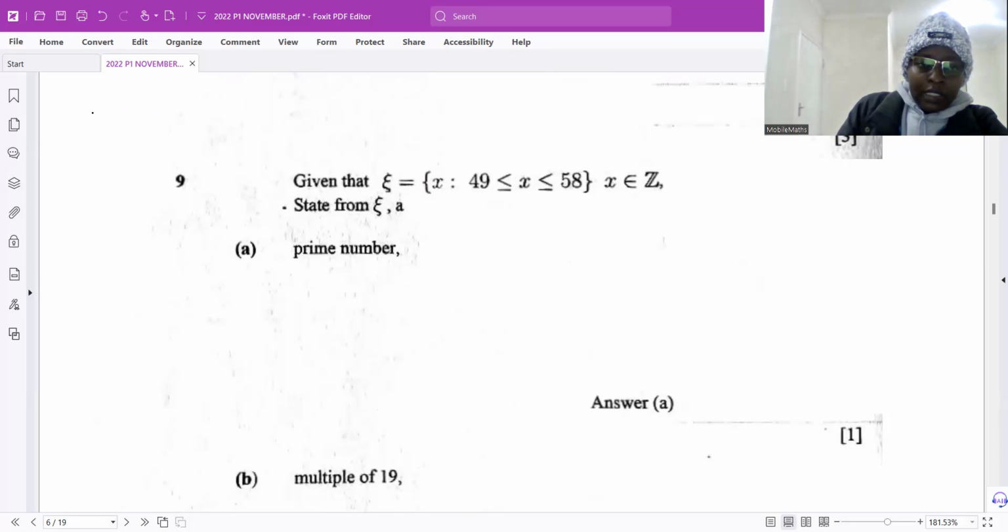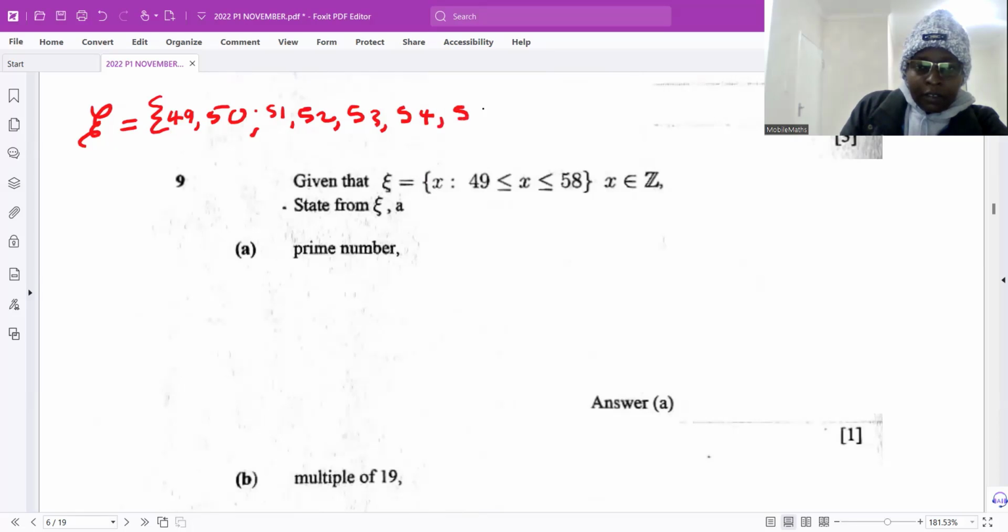So our universal set is equal to, starting from 49: 49, 50, 51, 52, 53, 54, 55, 56, 57, and lastly 58. So these are the numbers in our universal set. Let me just put the proper way of writing it.